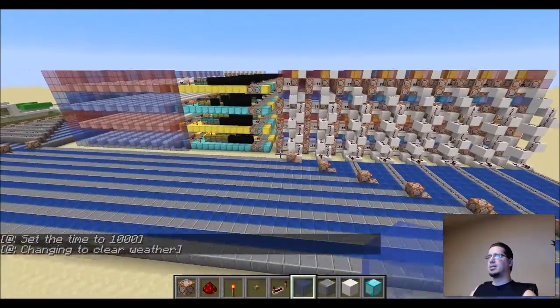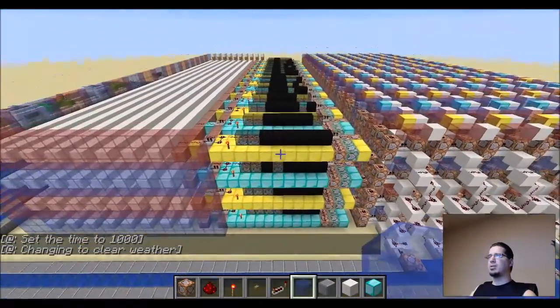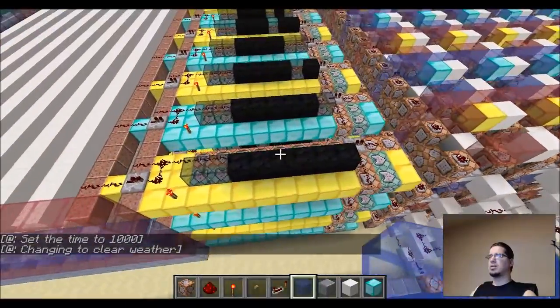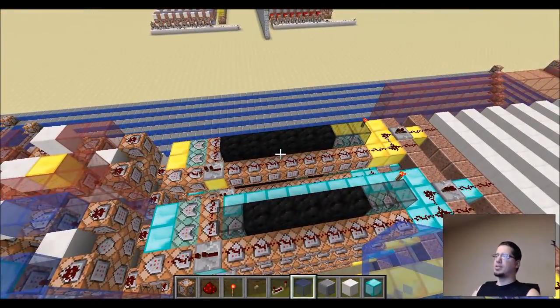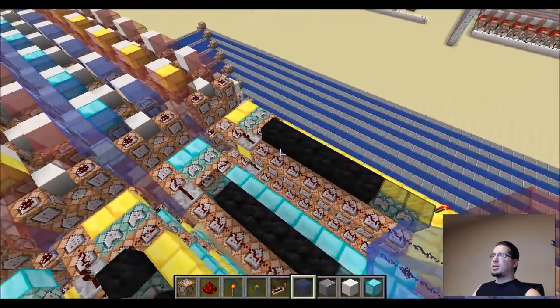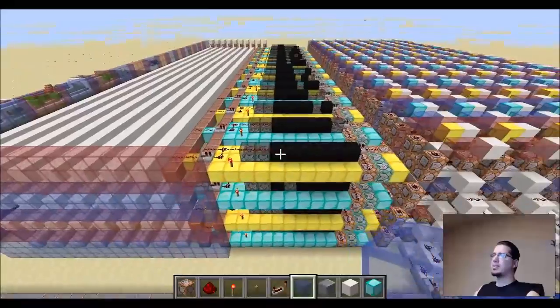I'm going to do a little work on the addressing, but given what you have to do for addressing, and the fact that we need command blocks for each individual test that we do, I don't know how much smaller I can make this. But once again, we shall see.